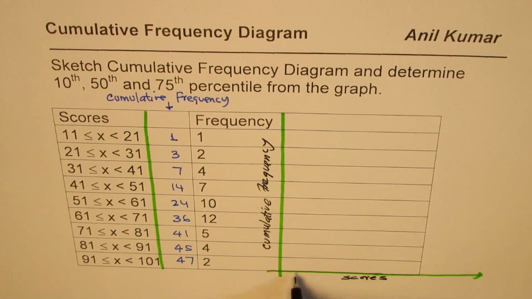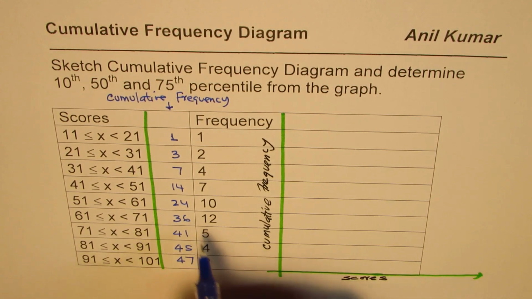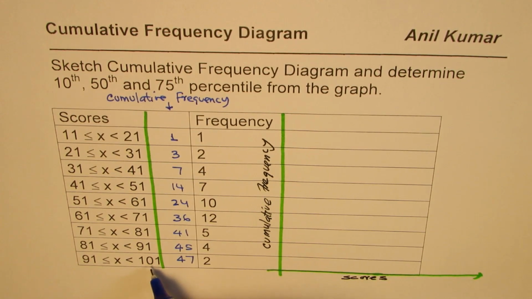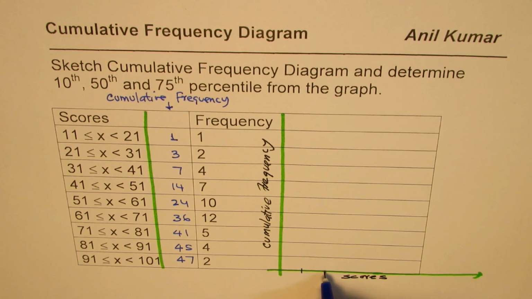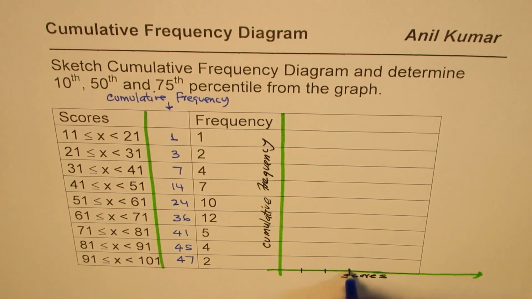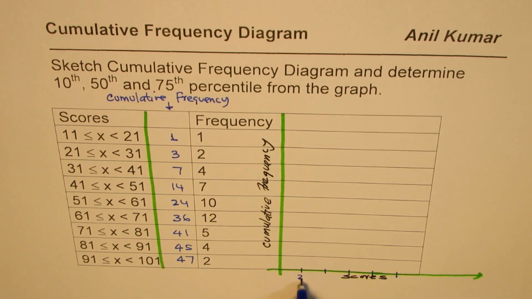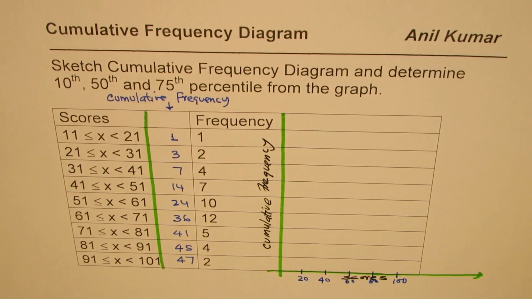So what we will do here is we'll just put points, these are the values, do you see that, of the scores. So which is let's say 20, 40, 60, 80 and 100. That should do, right? So these are the scores for us.